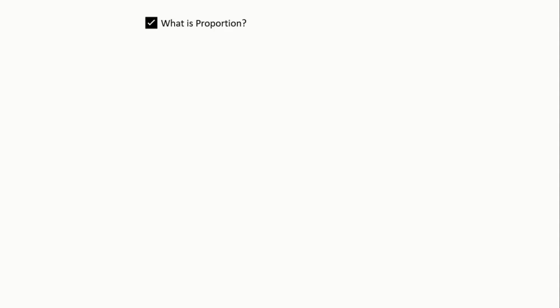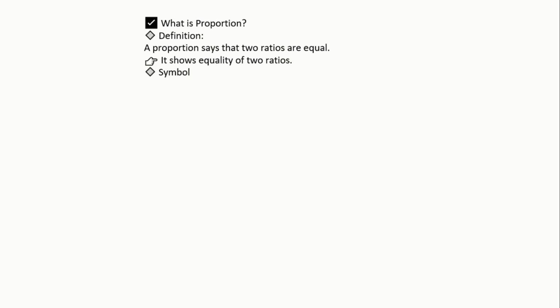Next, what is proportion? Now we understood what a ratio is. A proportion says that two ratios are equal. It shows the equality of two ratios.